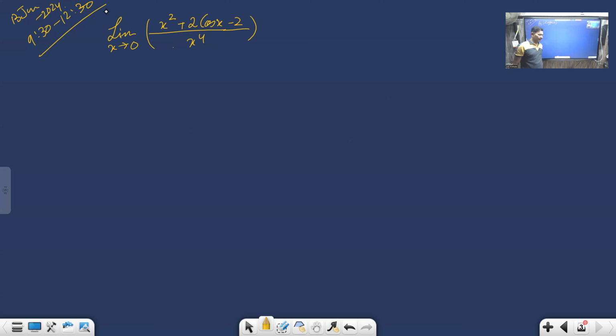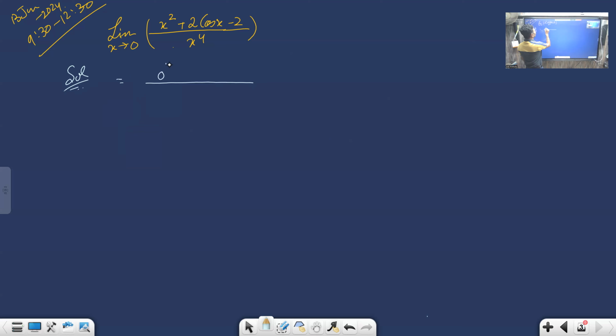If you see this, it is so simple. Let's see. Let's put the data. If you put 0, x tends to 0, directly you do it now.